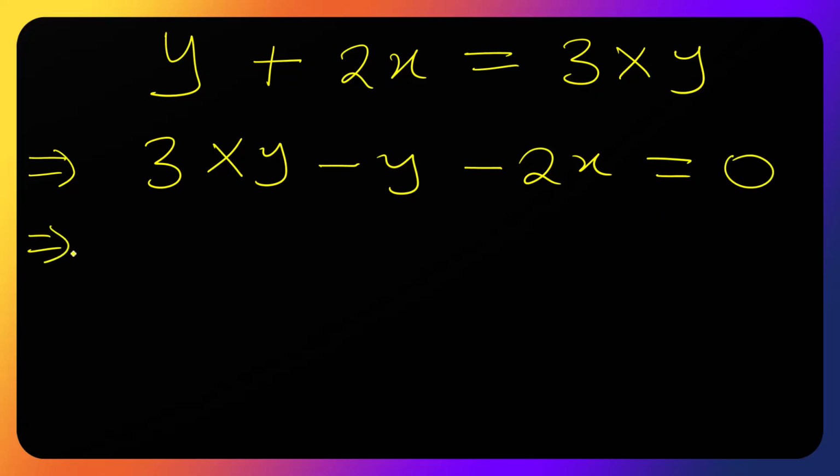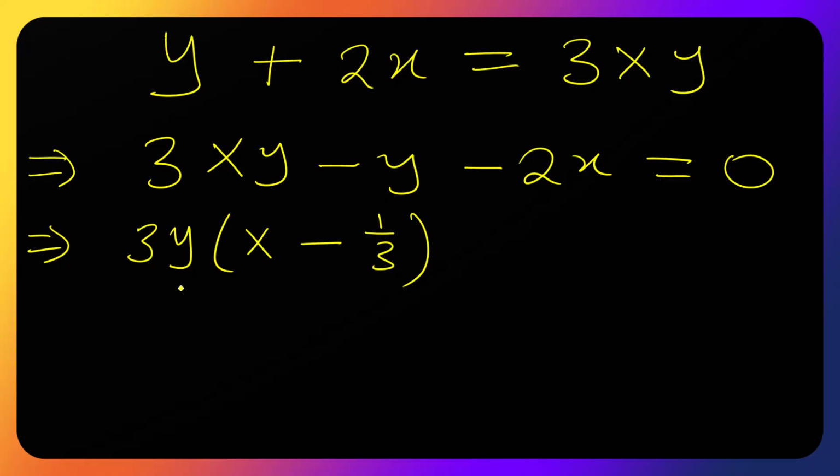Now from here we can take 3y out. So if I do that, that will be 3y, and I'm left with x minus, because I've taken 3y out, because of this 3, I can make this side 1 over 3y.